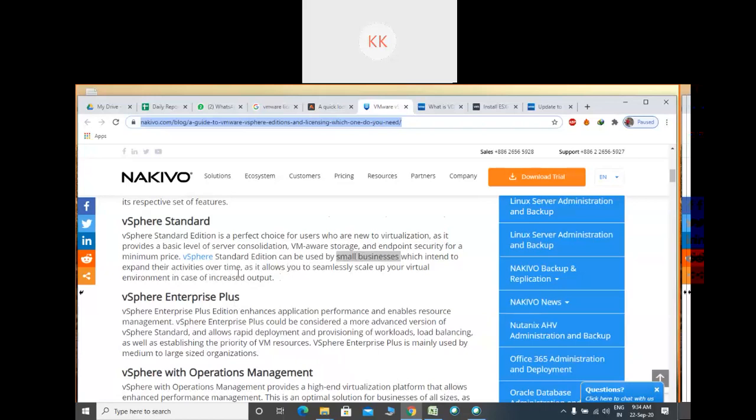Suppose now we're starting with the cloud. Now you have to manage a very small amount of tasks, so you can start your business with the Standard Edition. Whenever your business is running and you think you can pay more for the management, at that moment you can go for the next version, say Enterprise Plus.